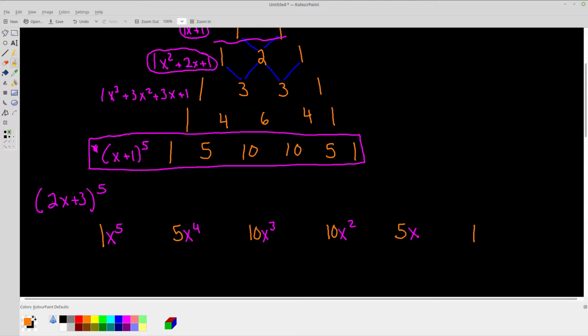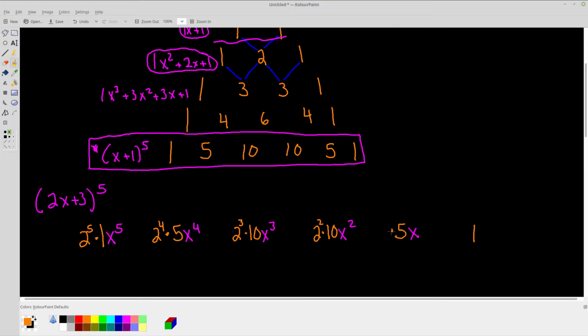Now the 2 on this end is going to be times 2 raised to the fifth. On this next term, it's 2 raised to the fourth. On this term, 2 raised to the third. On this one, 2 raised to the second.